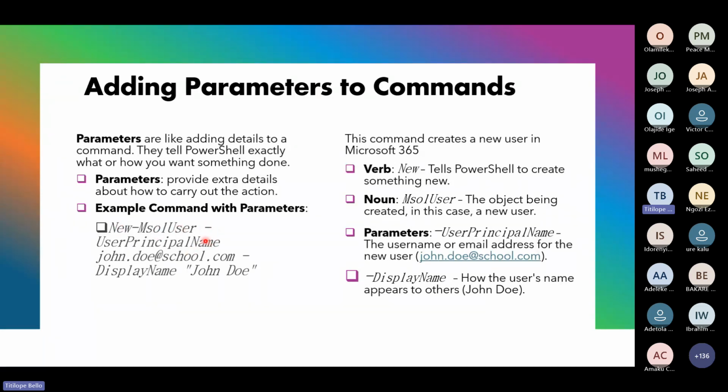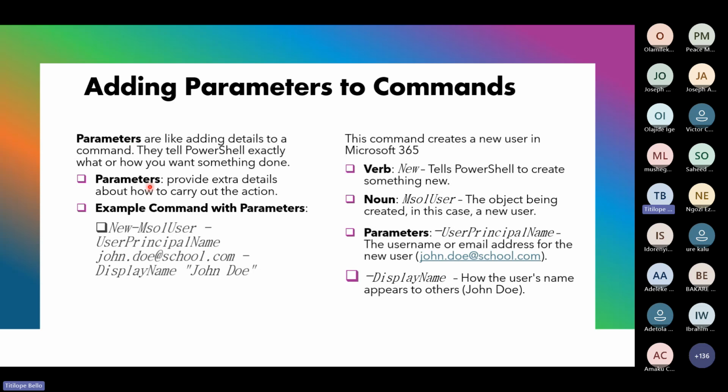The additional parameters are not telling it that I want to create a user, but what the details of the user I want to create are. Make his email address and logon name john.doe at school.com. And I'm also saying set his display name to John Doe.